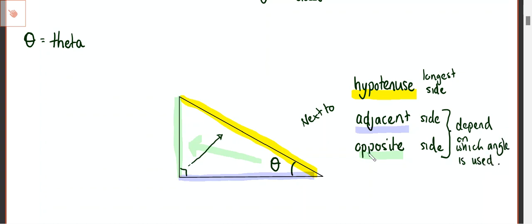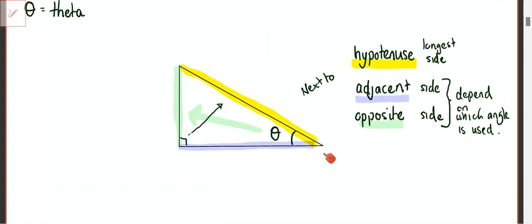That's the number one task in trigonometry: to decide which one is the hypotenuse, which one is the adjacent, which one's the opposite. Just like with Pythagoras' theorem, you had to get C right. Well, in this case, you have to get the hypotenuse right, but you also have to get the other two right. It's not either or. This time, you have to do it. So, tip number one.